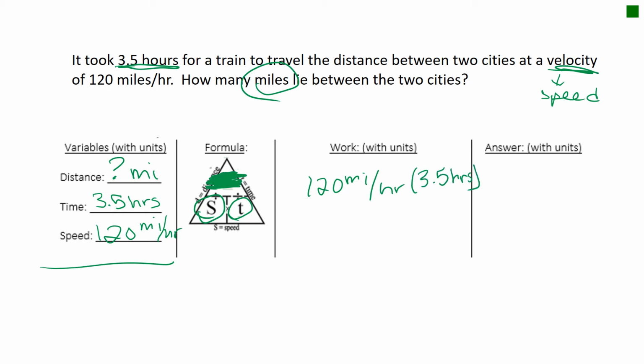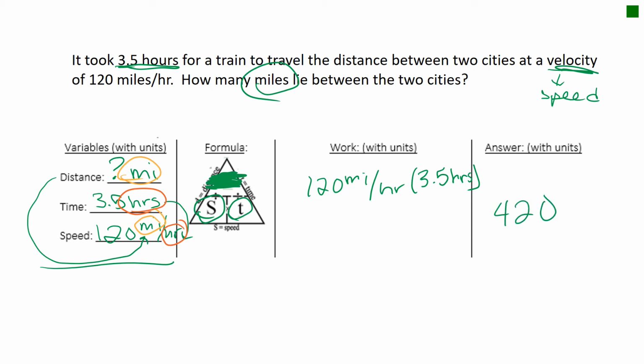Make sure that your time unit matches your speed unit as far as time goes, and your distance unit matches your speed unit as far as distance goes. I'm looking for miles, and I have miles for my speed. I have hours, and it's in miles per hour. Those match up, so I'm good to go. Now I multiply these out, and my final answer is 420.